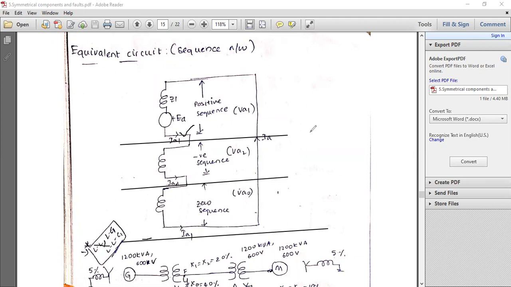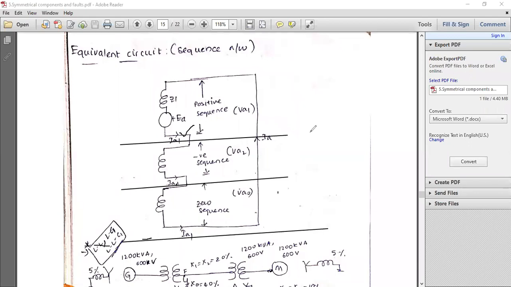So suppose I give you the same question in your internal examinations: prove that the sequence networks are connected in series when a line to ground fault occurs in any of the phases. If I give you a question like this, obviously you need to explain the same.